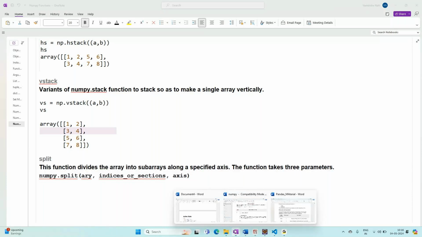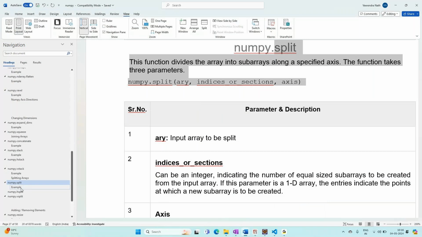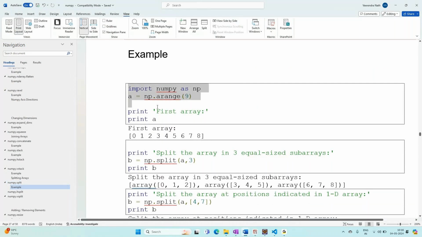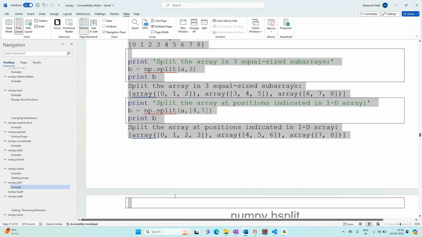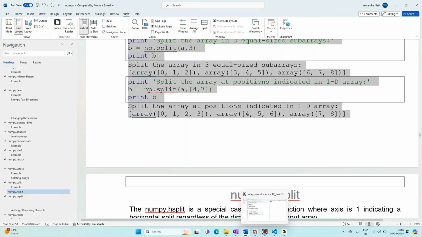Okay, we'll take the example. Now tell me what happens with this. Okay, let me put everything, and then we'll run each and everything.